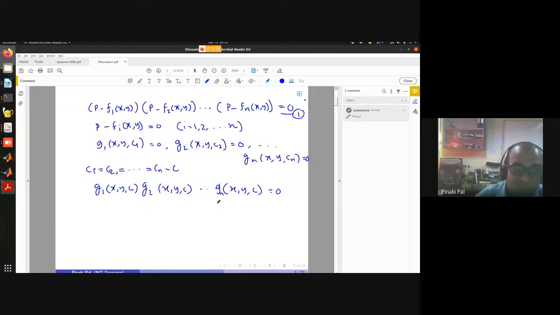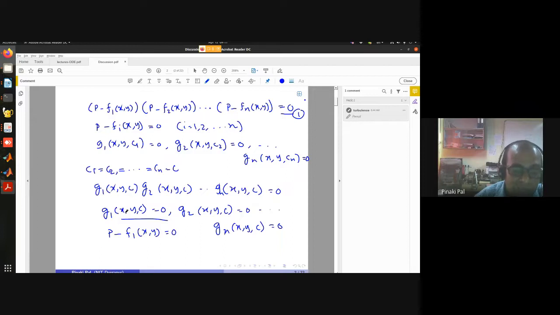Okay, so from this relation we have G1(x, y, c) equal to 0, G2(x, y, c) equal to 0, so on, Gn(x, y, c) equal to 0. Now from these individual functions, if we differentiate this algebraic relation, we can derive p minus f1(x, y) equal to 0.